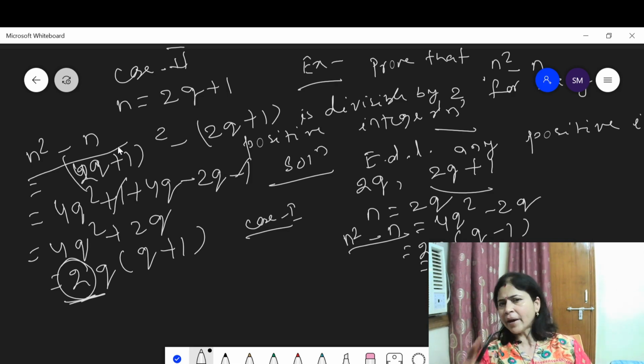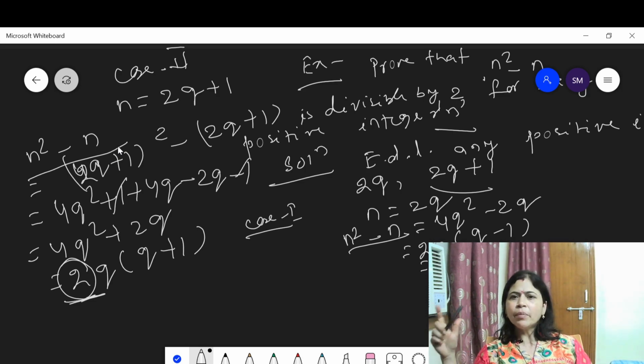Then n square minus n, you solve this, put n equal to 2q plus 1, then n square minus n is 2q plus 1 whole square minus 2q plus 1. By solving this, we get that n square minus n is a multiple of 2. This means n square minus n is an even number.